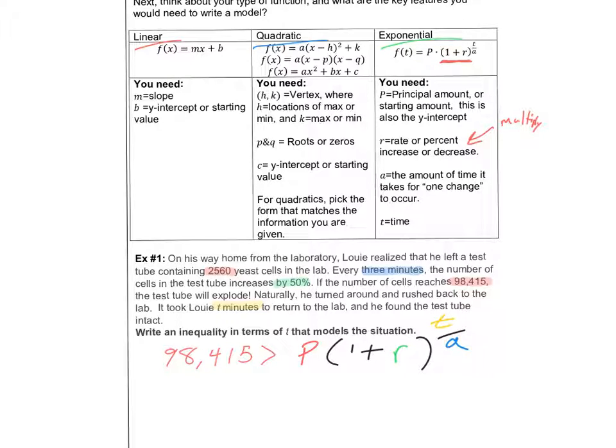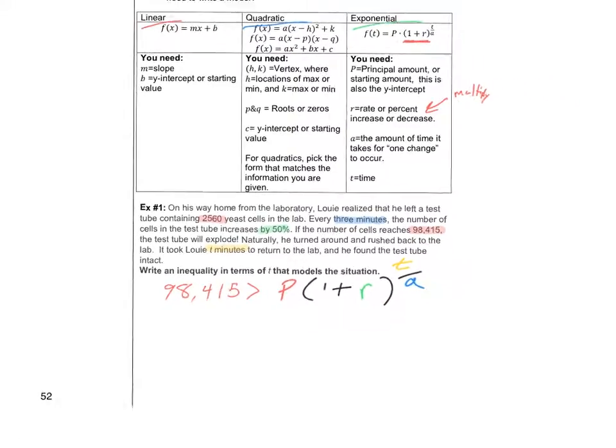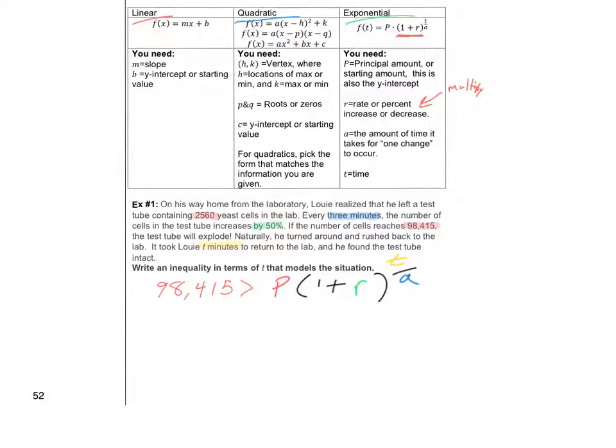And hopefully you can kind of tell what these values are because I color-coded them, but we'll explain how we know all that in just a second. So, once again, 98,415 is going to be greater than. Well, what is my p? Remember, my p is my principal amount. It's my starting amount. And it says when Louis realized that he left a test tube containing 2,560 yeast cells. So it had that much in there. That's how much it started with. So I'm going to write 2560.